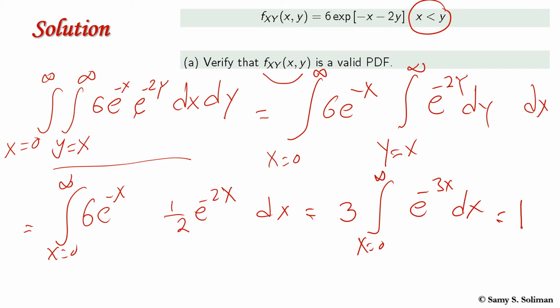Similarly, we could have been given this PDF with a constant k instead of the 6, and we are asked to find the constant k. So we follow the same procedure to find the value of the integral in terms of k, and since this PDF should be valid, then the integral should be equal to 1, from which we get the value of k.